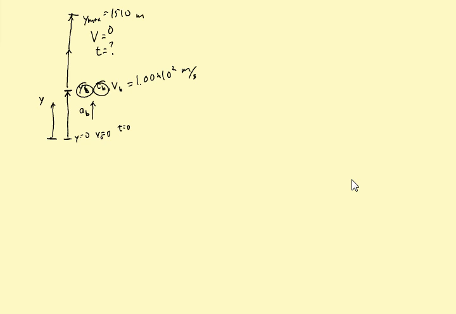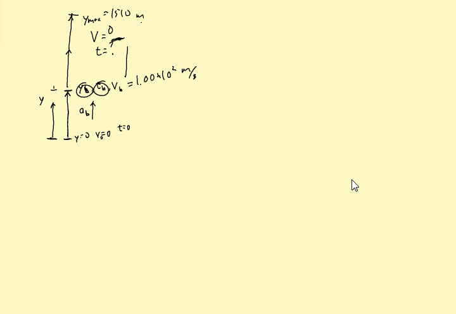Given that, at the top of its flight, its maximum altitude, we know its speed when it reaches that maximum. So let's see if we can find how far up the maximum was from the burnout position.